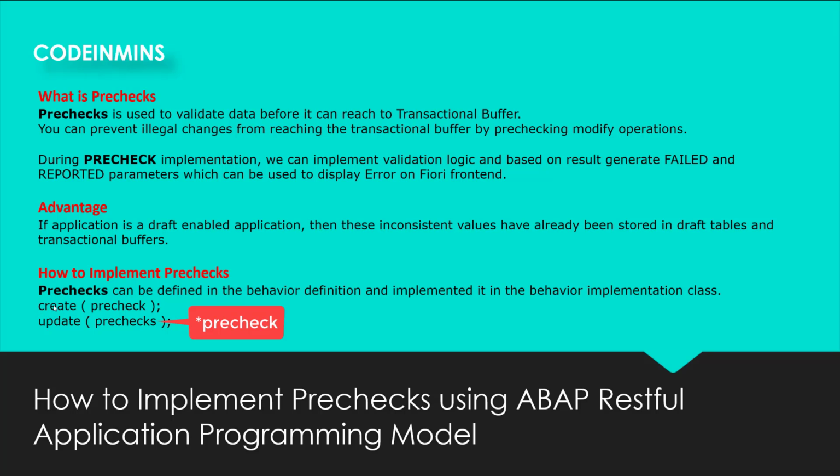If you are implementing a precheck for the create method, while creating a record, you should write it like this. If you are implementing it on the update method, you should write this. This was a high-level overview of what prechecks are, their advantages, and the syntax of writing them in the ABAP RESTful Application Programming Model.